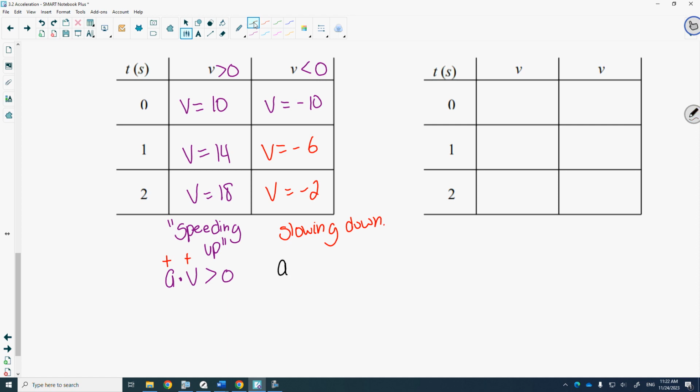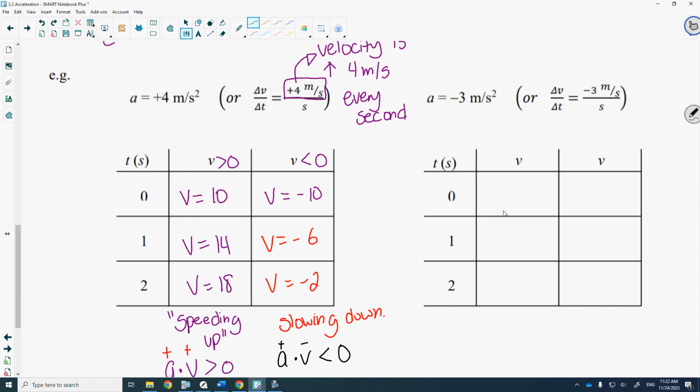We've got to see what the sign of a times v is. Acceleration was 4 meters per second, which is a positive value. These velocities are negative. A positive number times a negative number will give you something less than 0. And whenever we get less than 0, we're slowing down.